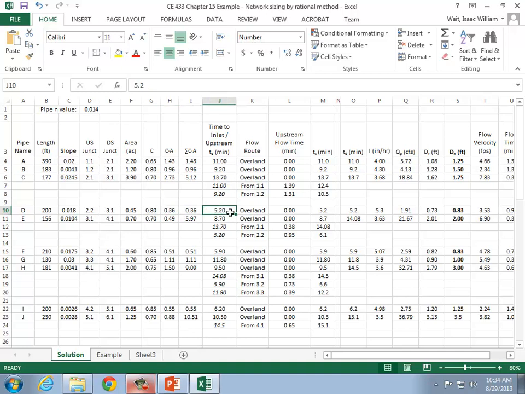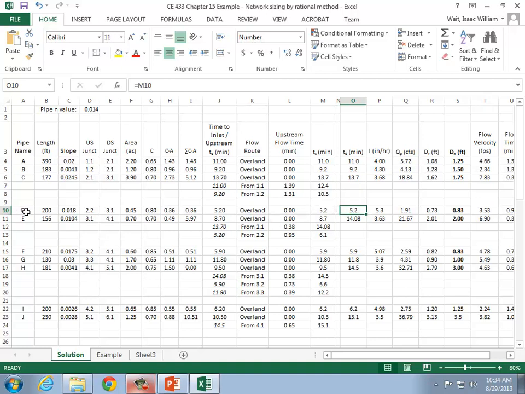The time to inlet is provided, and then you can calculate the time of concentration is the same as the time to inlet for that pipe because it's only overland flow, and the T sub D is the biggest of the routes if there are multiple. In that case, there's only one route for pipe D.